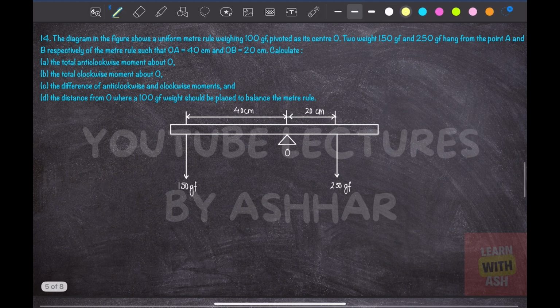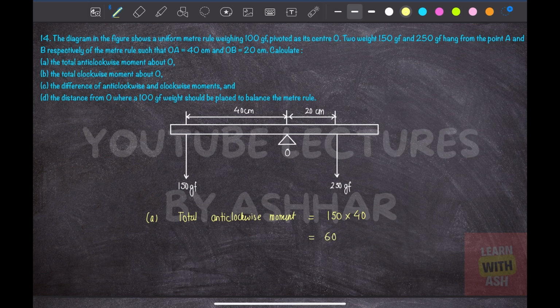So for my first part, I can simply say that the total anti-clockwise moment is equal to 150 gram force multiplied with 40. From here, I will get my answer as 6000 gram force centimeter.